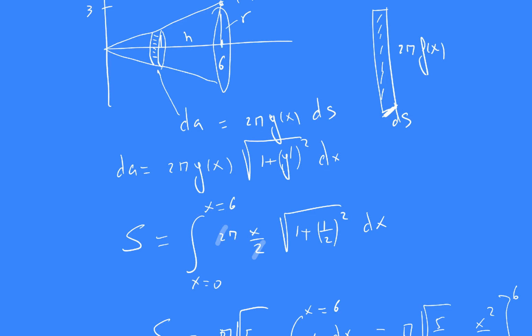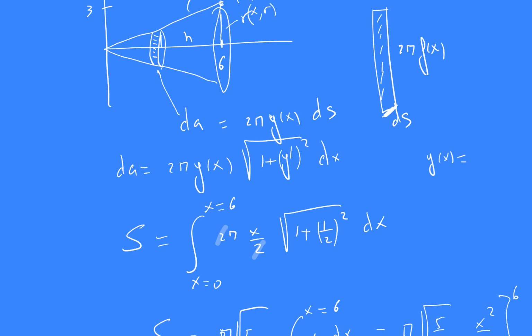The radius r will appear in the function y of x. Y of x will be the equation of a rectilinear line. This y of x will be the equation of a rectilinear line that passes through the point x, r.